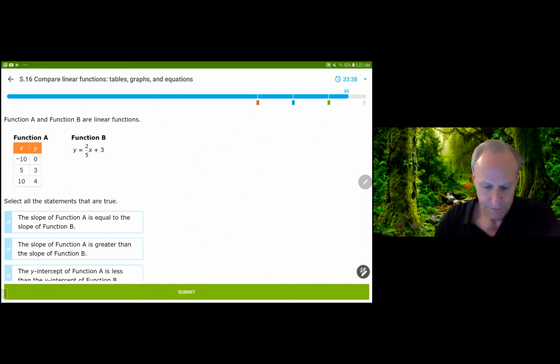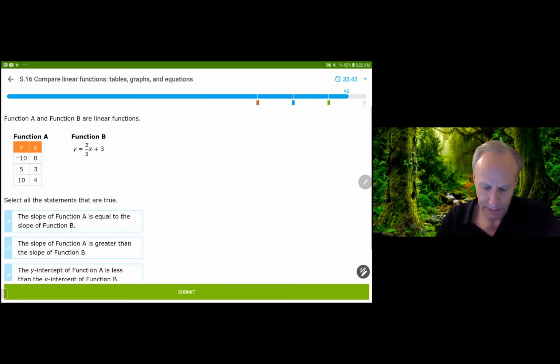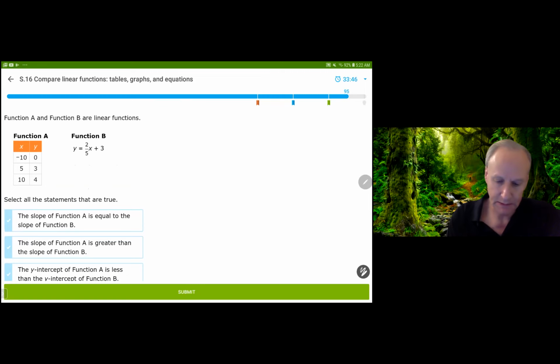All right, so it looks like we want to compare these two, and we want to compare the slopes and the y-intercepts. Again, a lot of people are going to mess that up because that's an x-intercept, not a y-intercept, at (-10, 0). All right, so let's take a look at the slope. It went up 3, and this one went up 15. So this is a 1/5 slope.